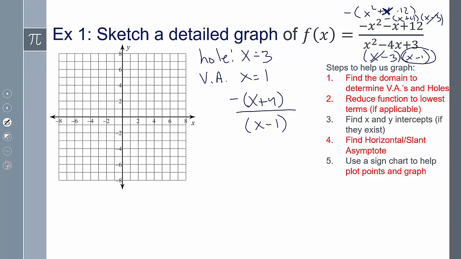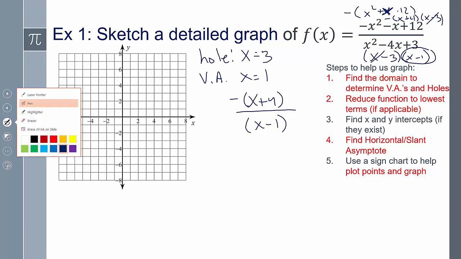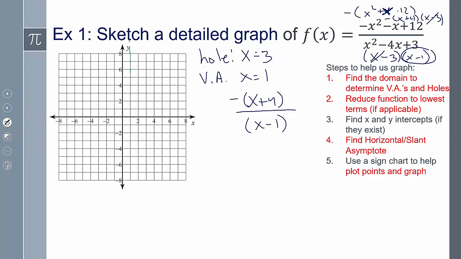Okay, so let's put that information on our graph. So I have my vertical asymptote at 1. And then my horizontal asymptote, if I compare the leading terms, it's negative x over x, or if I look at the original, negative x squared over x squared, they're both going to get me y equals negative 1.